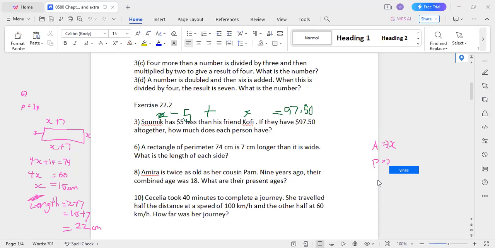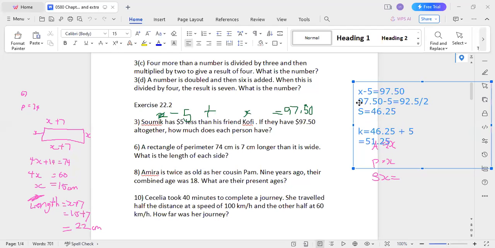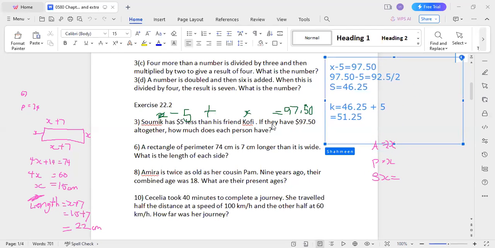So we set our variable Pam is x years. So 9 years ago, you have to subtract from both of them. So we have x minus 5.